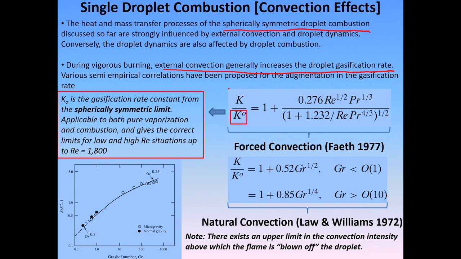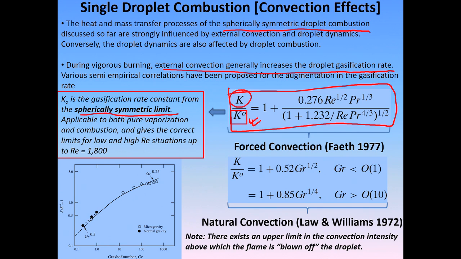So what people have done, there are a lot of empirical correlations. The actual analysis of this is a very time consuming affair, so we are just giving you the gist, where K naught is considered to be the gasification rate in the spherically symmetric limit, that means when it is burning in a quiescent environment, and this is applicable for both droplet burning as well as droplet evaporation.